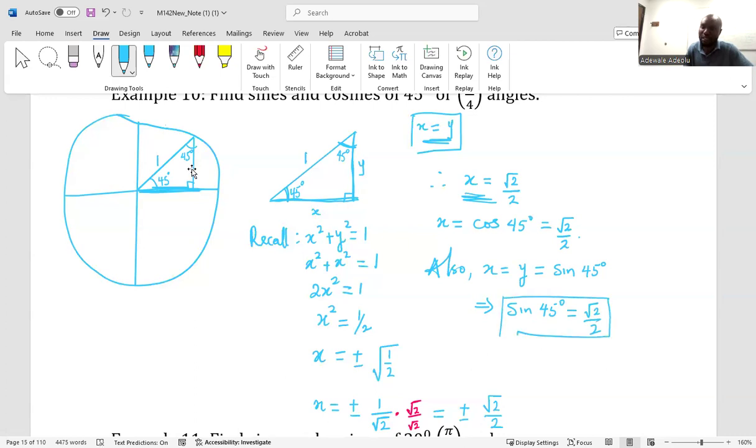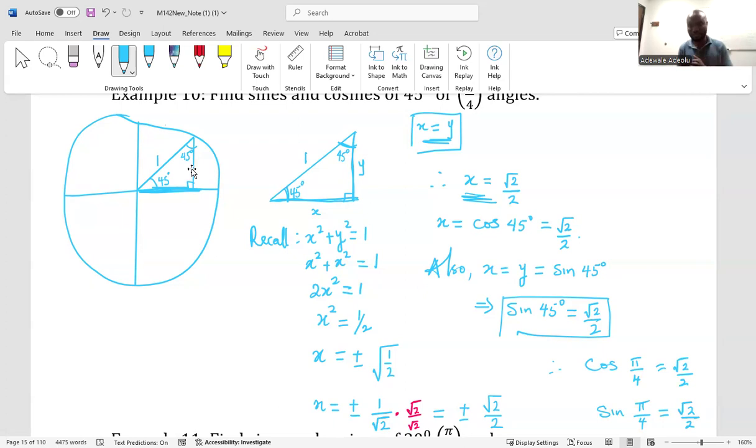So conclusively, we have the cosine of 45 degrees or pi over 4 to be root 2 over 2, and the sine of pi over 4 or 45 degrees to be root 2 over 2. I'm using 45 degrees and pi over 4 interchangeably because they are the same thing.